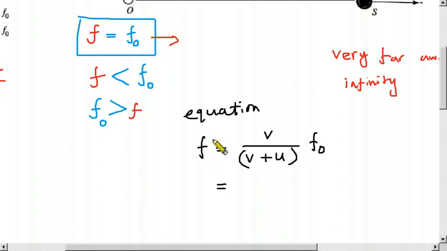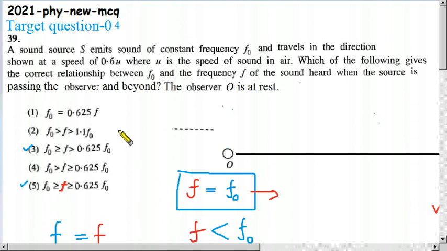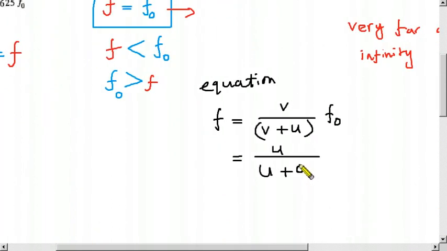So the frequency must be decreased. To decrease the frequency, this denominator should increase. Therefore, not negative, it should be positive. So instead of v, in the question they have given u, then plus the velocity of the source, which is given as speed 0.6 u.